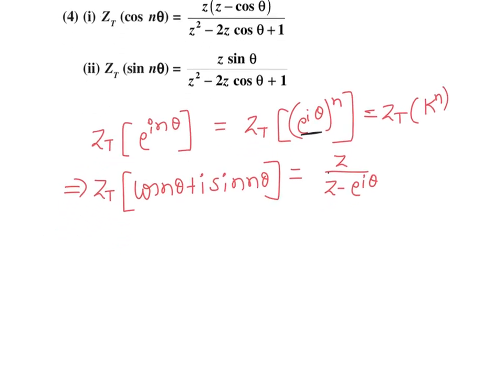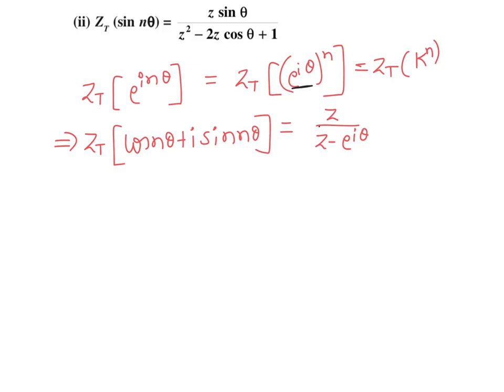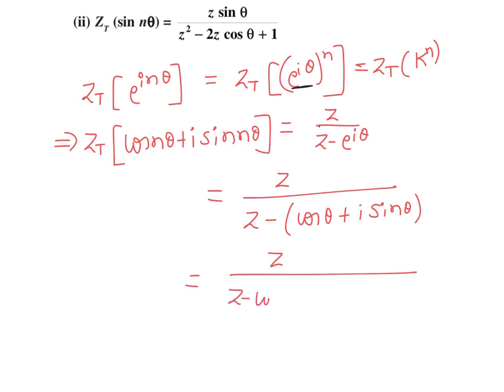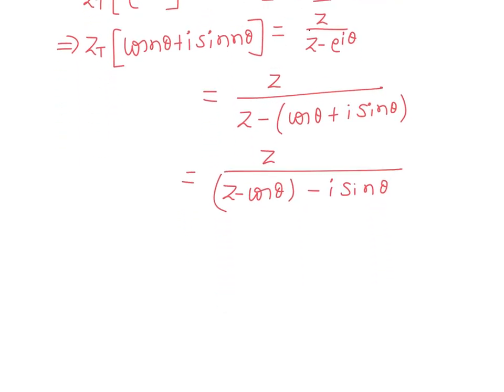Then e power i theta can be written as cos theta plus i sin theta. I will simplify. This is z divided by (z minus (cos theta plus i sin theta)), so you can rewrite this as z divided by (z minus cos theta minus i sin theta). Next we have the conjugate. This is in the form of a minus ib, so the conjugate of a minus ib is a plus ib.